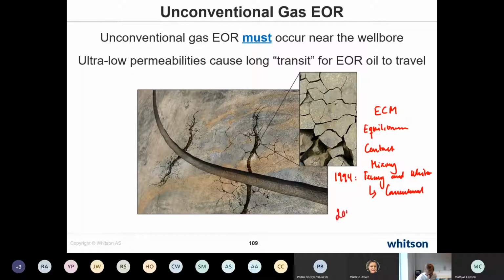while we described the same method for unconventional reservoirs last year, in a paper that I wrote together with my colleagues, which discusses ECM for unconventional reservoirs, so shale reservoirs essentially.